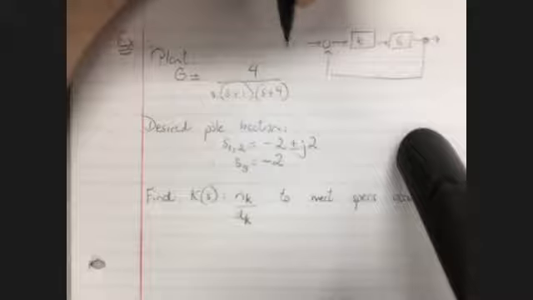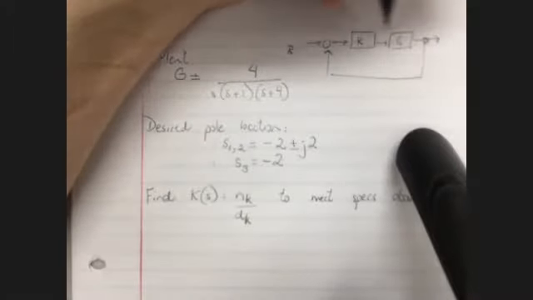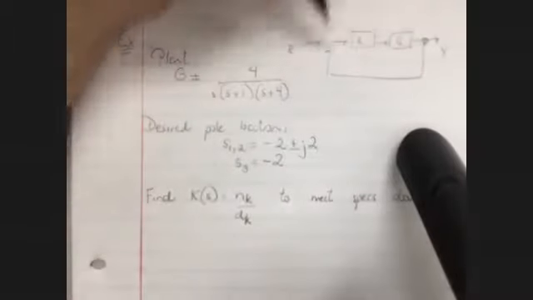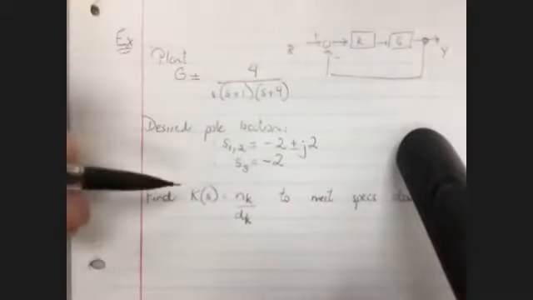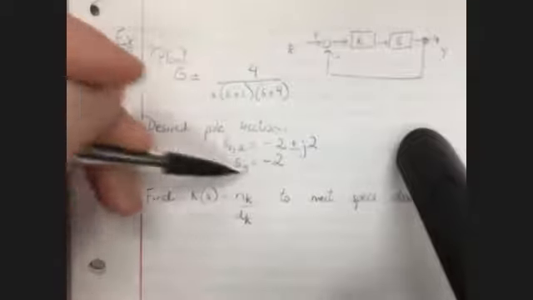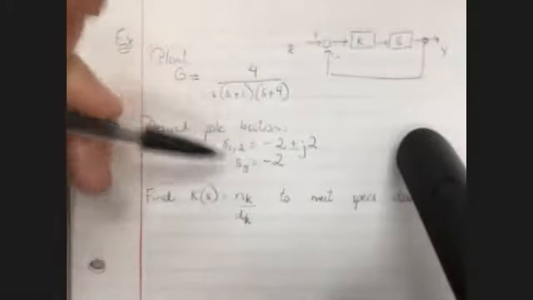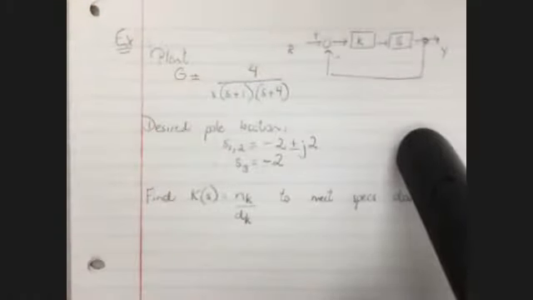So given this plant G, we want to find this controller K so that my overall dynamics have these as the poles. These are the overall closed loop poles.